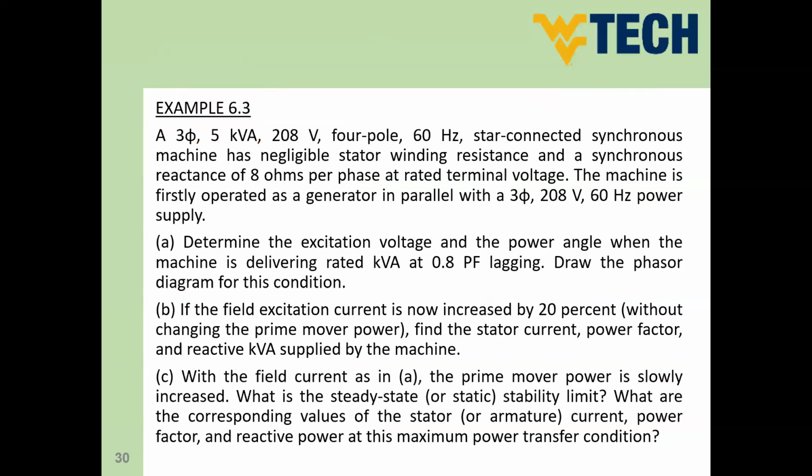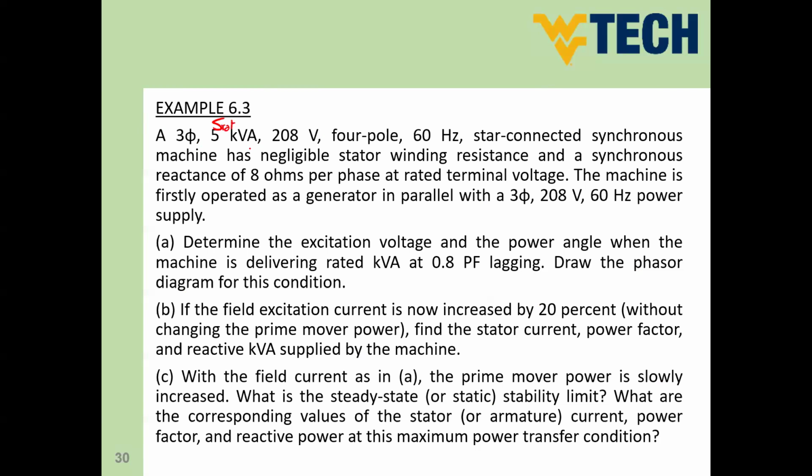Let's solve an example and see how we can use these conditions. Please, guys, I'd like all of you to write notes on how to read the example, how to read the problem. Everything in the problem should provide some information. Starting from here, three-phase, 5 kVA, so 5 kVA is S rated of this machine.